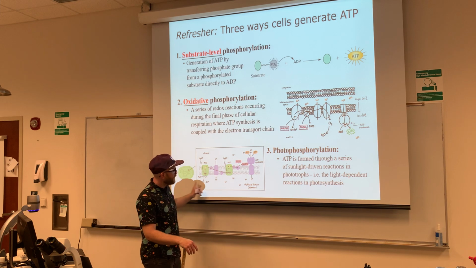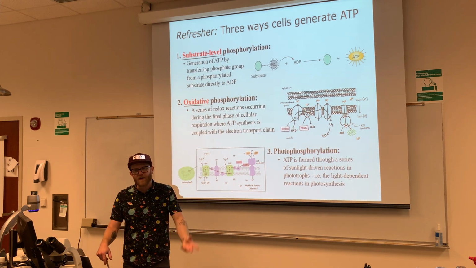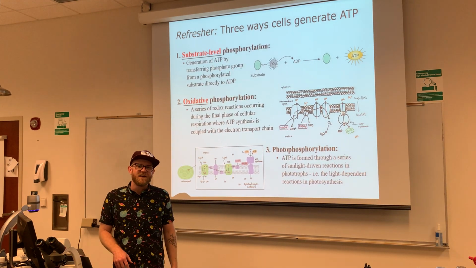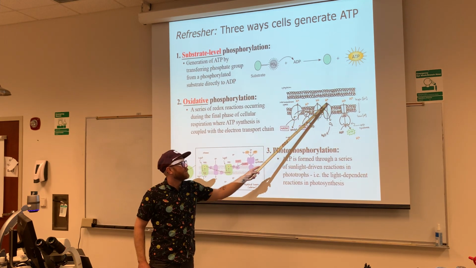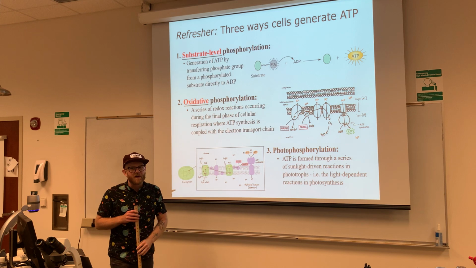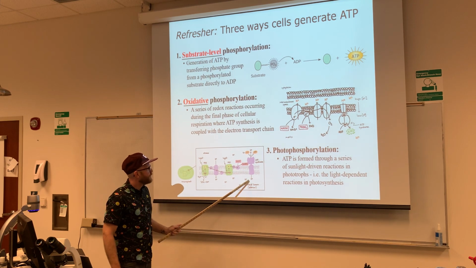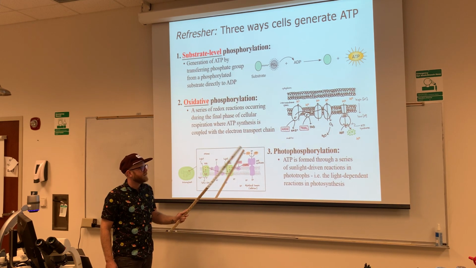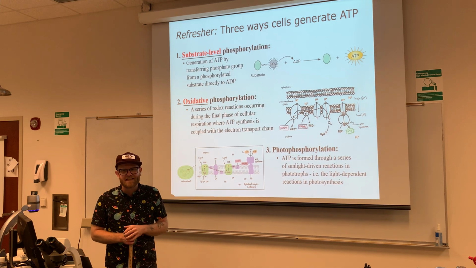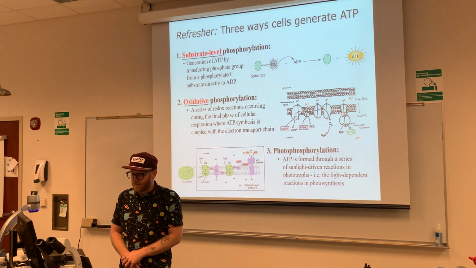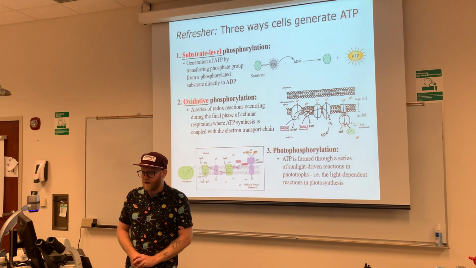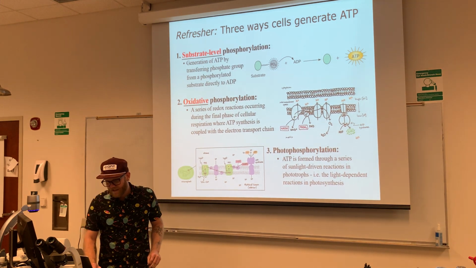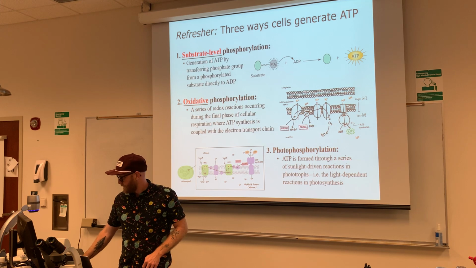And in the process, we're going to establish an electrochemical gradient of hydrogen ions, much like what we did up here in oxidative phosphorylation. We're going to let those hydrogen ions move back through our ATP synthase enzyme and generate ATP. Super efficient ATP generation as well. Driven by sunlight and electrons. Okay.